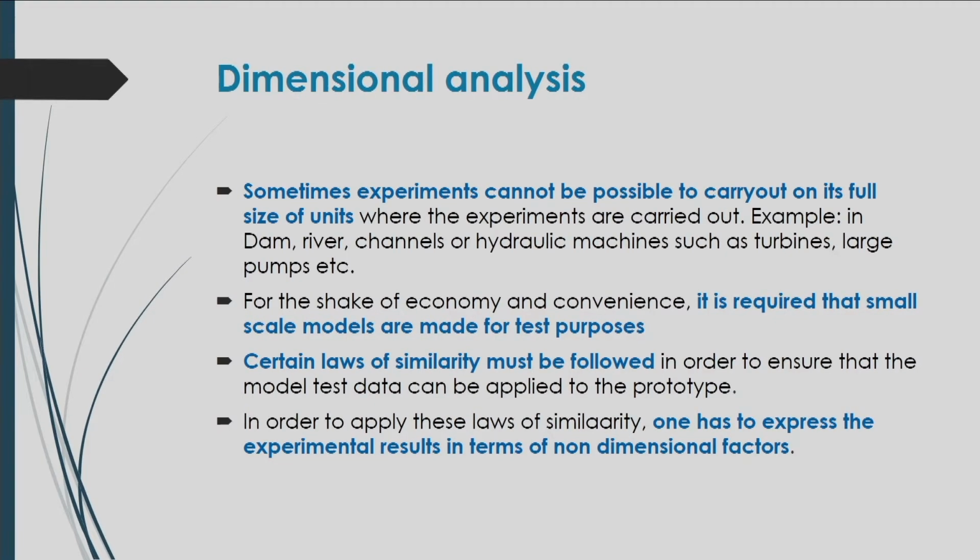Then you have to do the dimension analysis of the equations from the lower scale to the upper scale. In laboratory scale, sometimes you cannot carry out the experiments on the full size of units. So, the experiments are carried out at small scale.